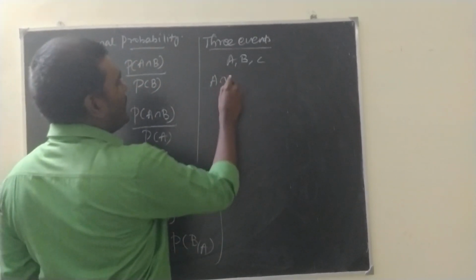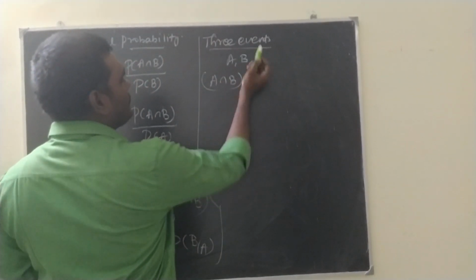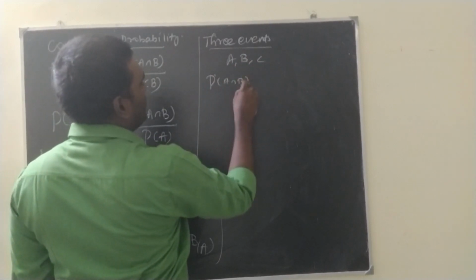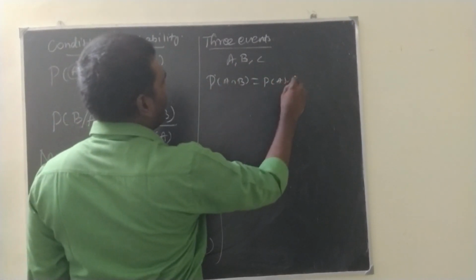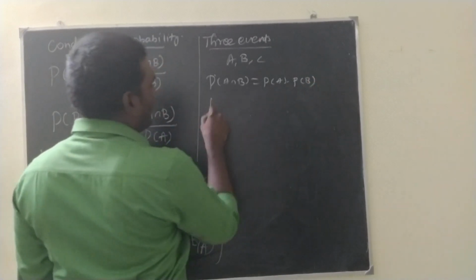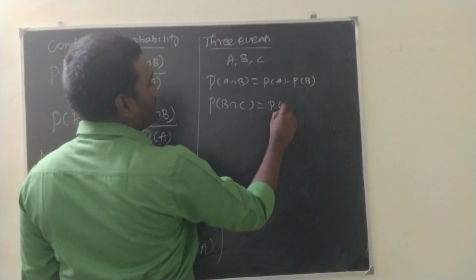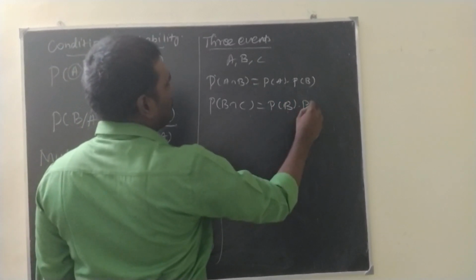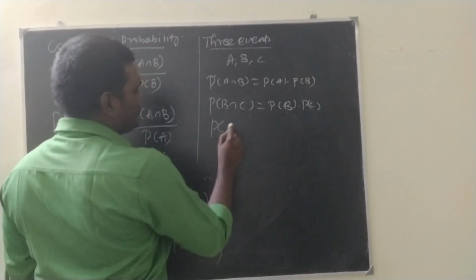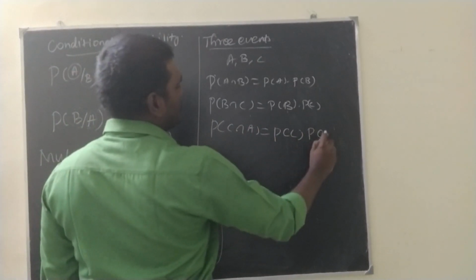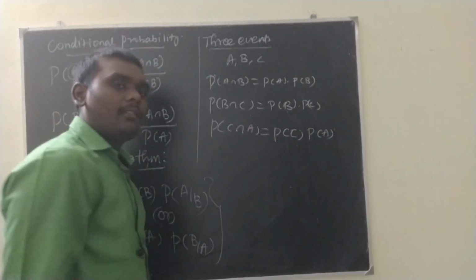Either A and B are independent, meaning P of A into P of B, or else B and C are independent, or else C and A are independent. This is called pairwise independent.